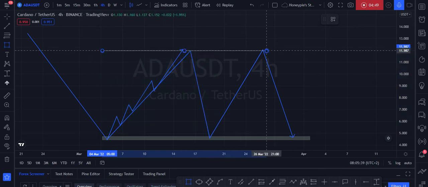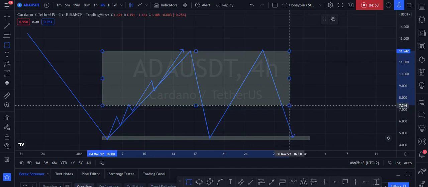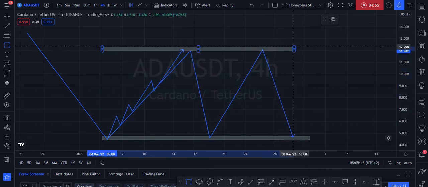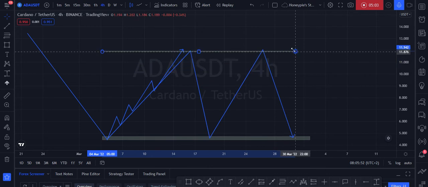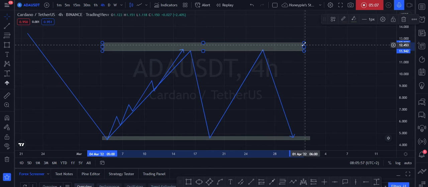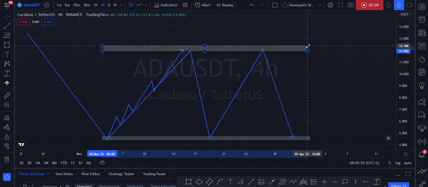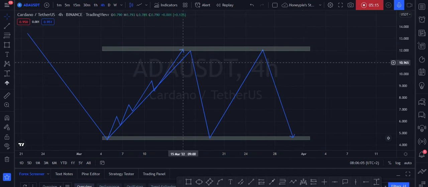So if price gets there again, I'm expecting price to drop. So this place will then be identified as my resistance, meaning that price found it difficult to break through this zone here.